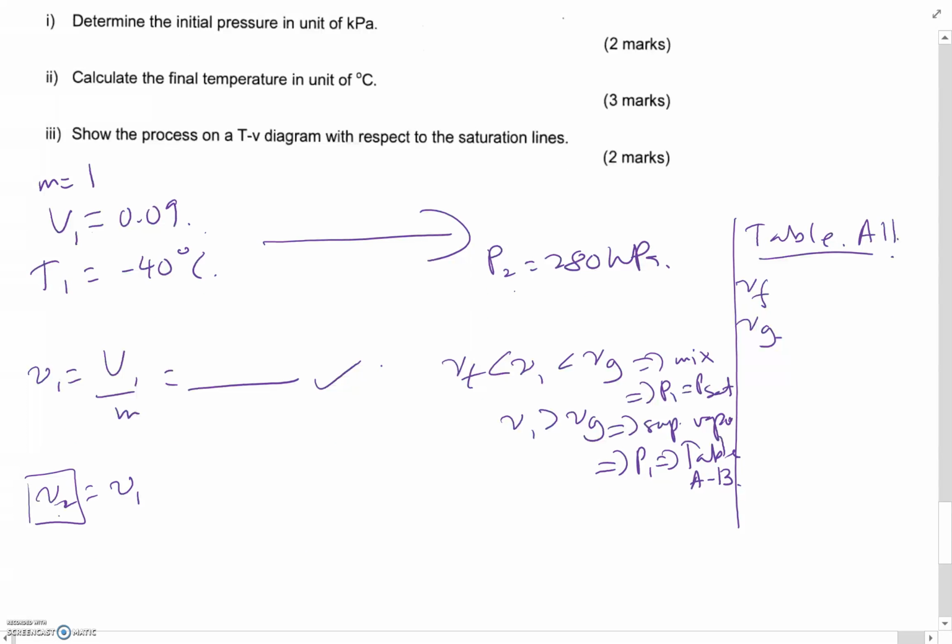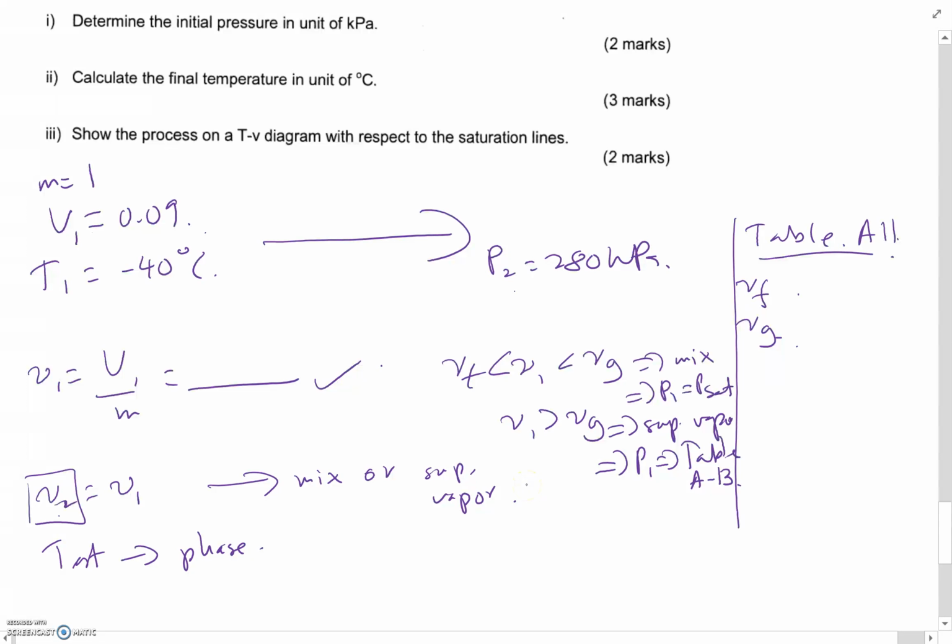You need to test to get the phase. What is the phase for state number 2? You already have V1, therefore from Vf and Vg here, test whether it is a mixture or superheated vapor.